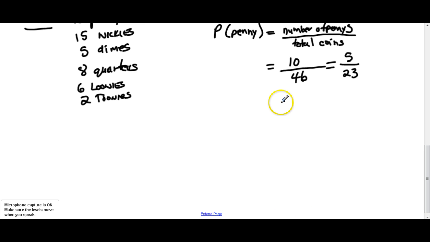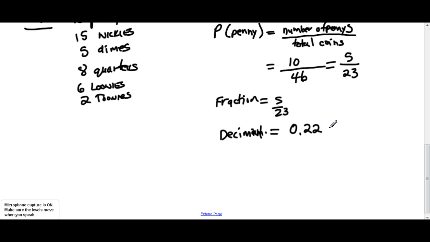So what does this mean? Well, if I want to express this as a fraction, it's 5 over 23. As a decimal, it's just 5 divided by 23, which is equal to 0.22 rounded to the nearest hundredth.